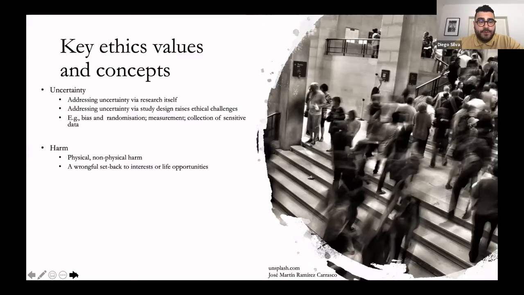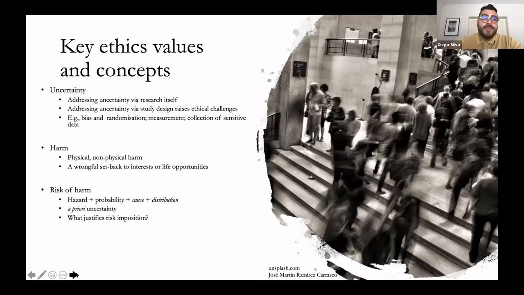I won't go into it a lot. Again, I'm happy to if there's questions about this, except to say that what seems on the surface really easy, which is how do you define harm, actually becomes really complicated really quickly. But again, we can simplify it and think in terms of physical and non-physical harm. If we're thinking about the individual placing themselves at risk of harm in the context of research for the betterment of society, as I said a moment ago, when we think about risk of harm, oftentimes it's understood as a hazard plus a probability, right?